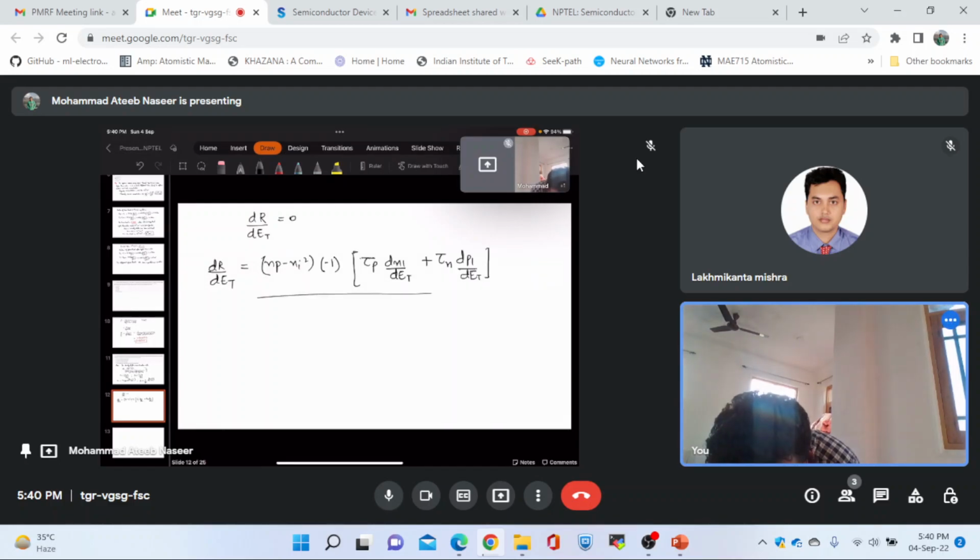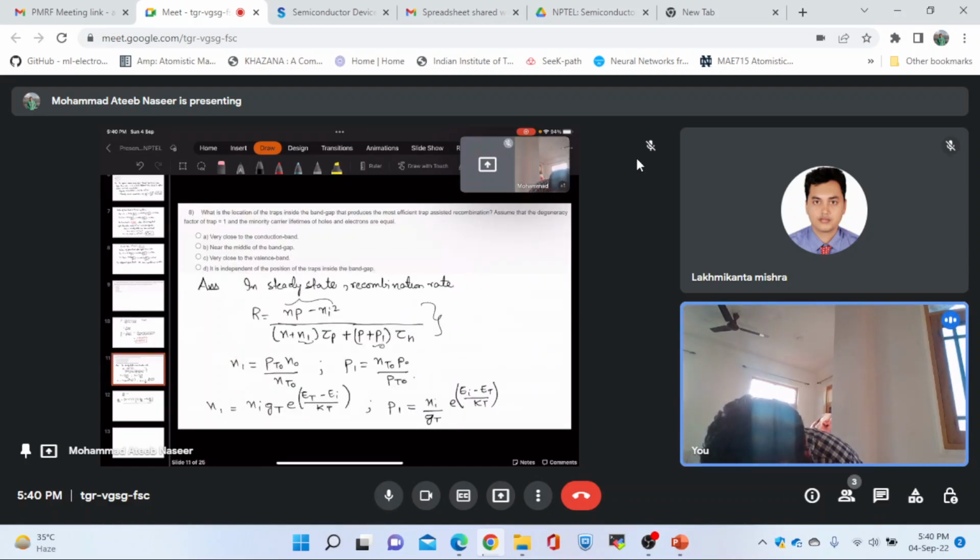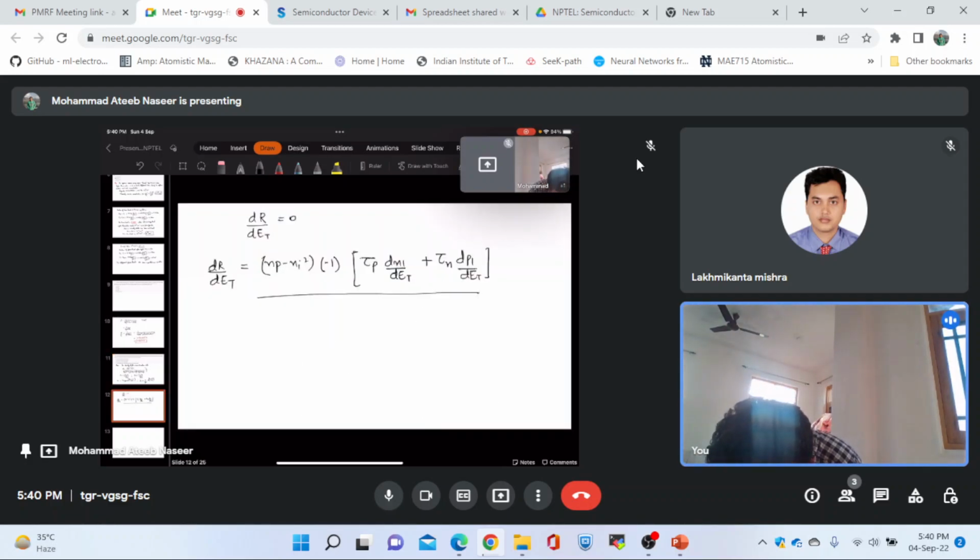This will simply be divided by the square of this expression. I have just differentiated this by using u by v. So this will be n plus n1 tau p plus p1 into tau n whole squared.